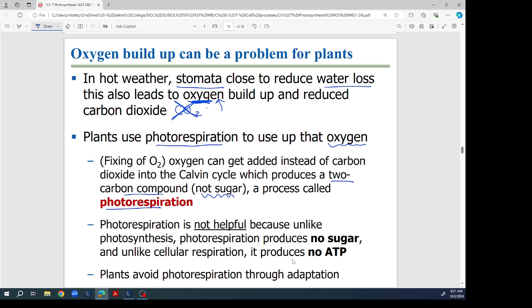So photorespiration is somewhat good in that it uses up the oxygen, but energetically it's bad because it doesn't make any sugar. It produces no ATP. So basically, it's starving the plant cells. So to avoid photorespiration, plants have come up with ways of managing their molecules so that they don't have to default to this photorespiration process.